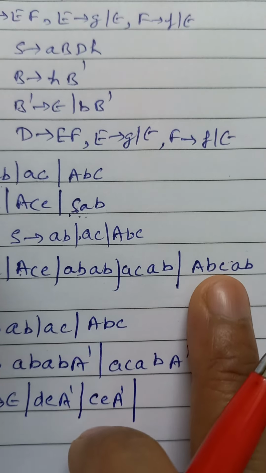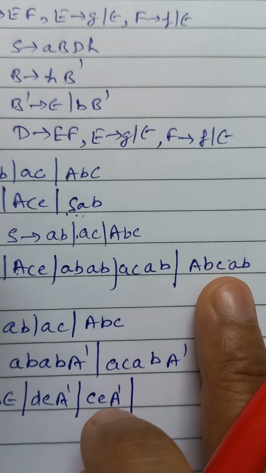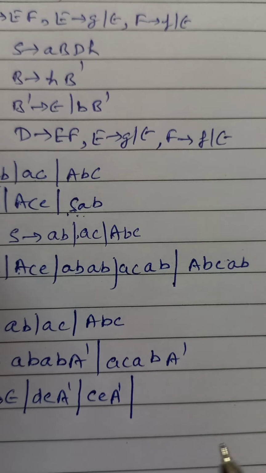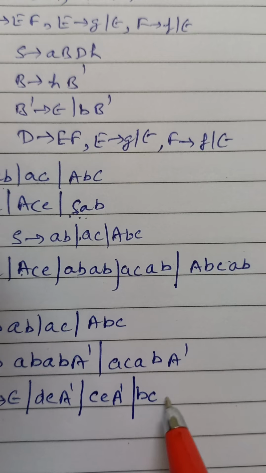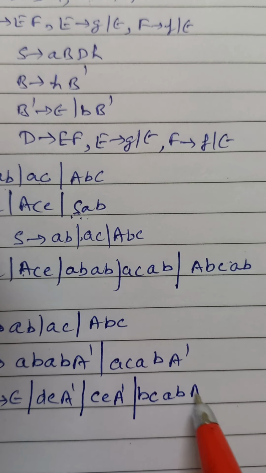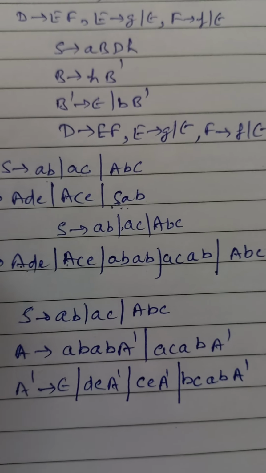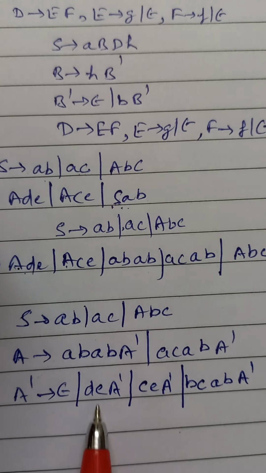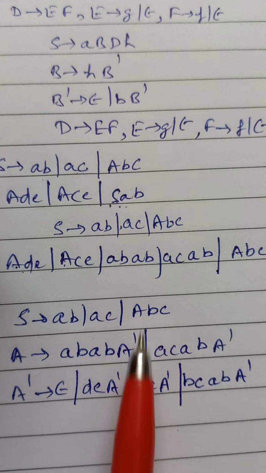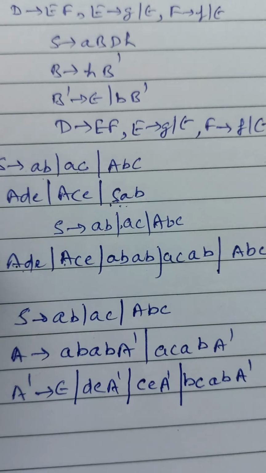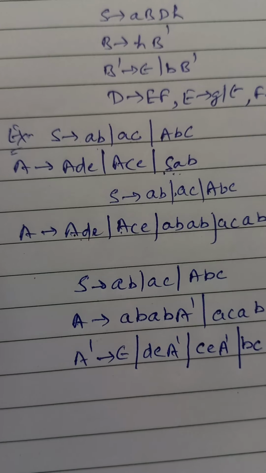This one also is left. So we can write BCAP A'. We can write it like this. So now we can see there is no left recursion present. So left recursion has been removed for this grammar. In that way we can remove the left recursion.